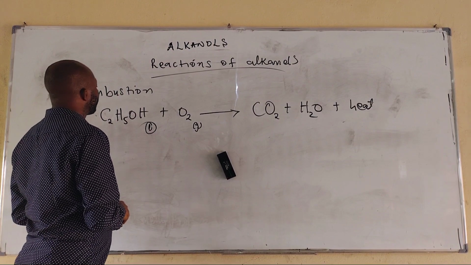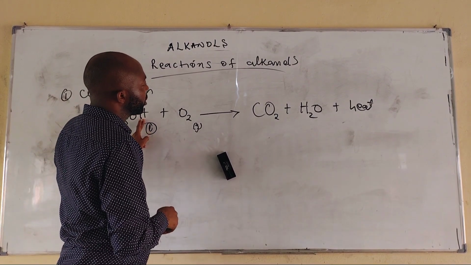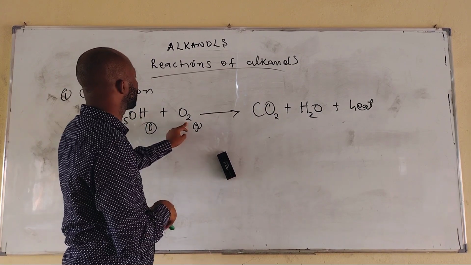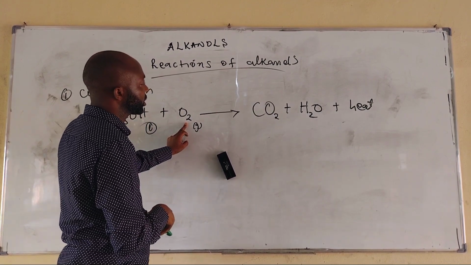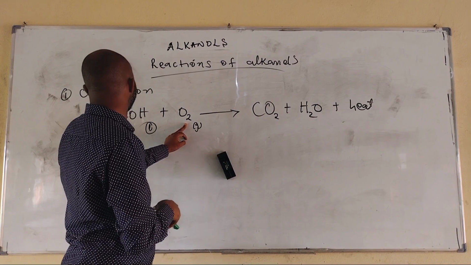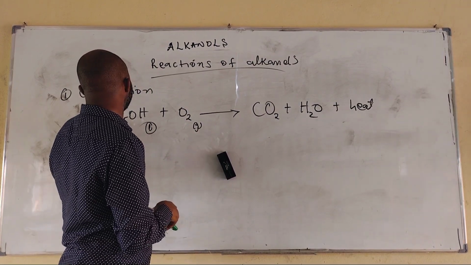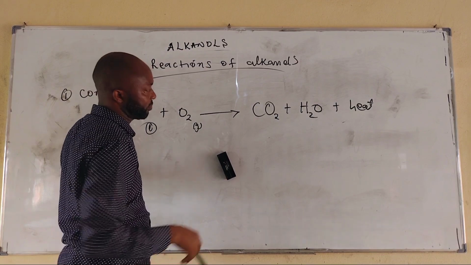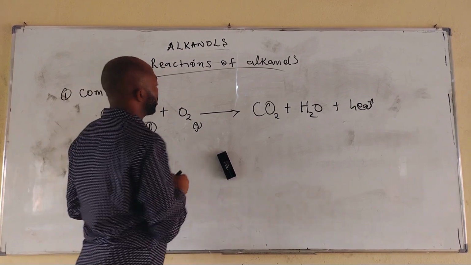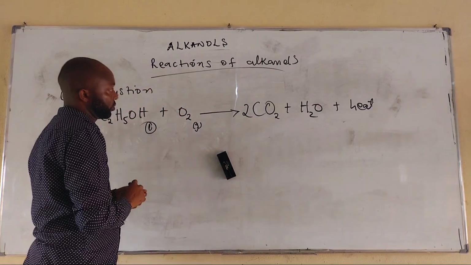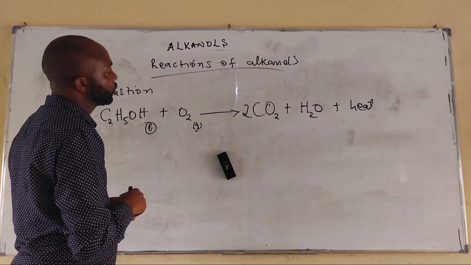Now we have 1 hydrogen, 2 hydrogen, 1 oxygen plus 2 oxygen, that's 3 oxygen. We have carbon here as 2, and here carbon is 1. So if I put 2 here, my carbon becomes 2.